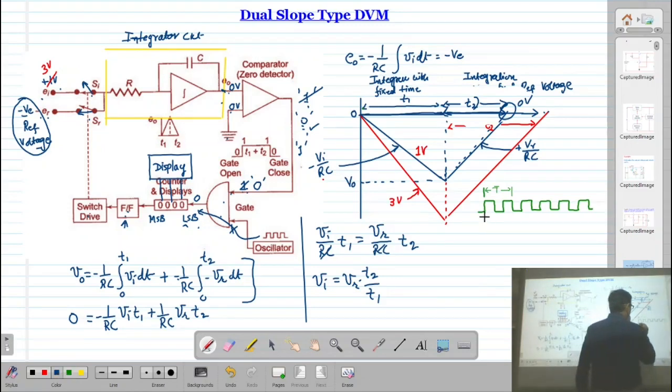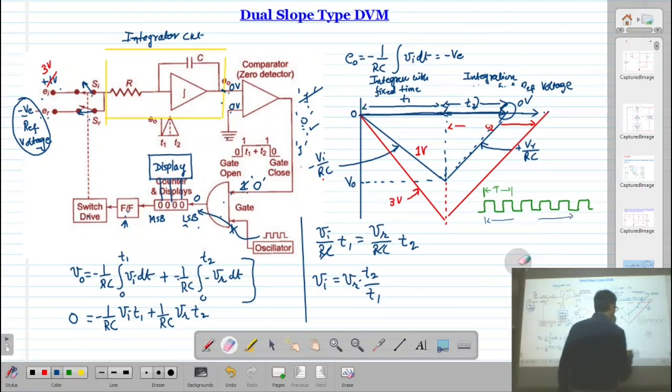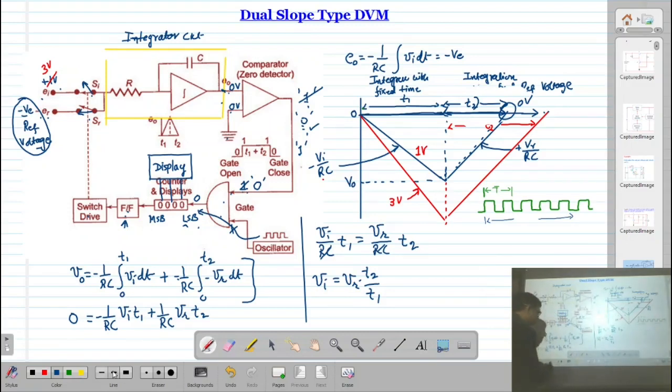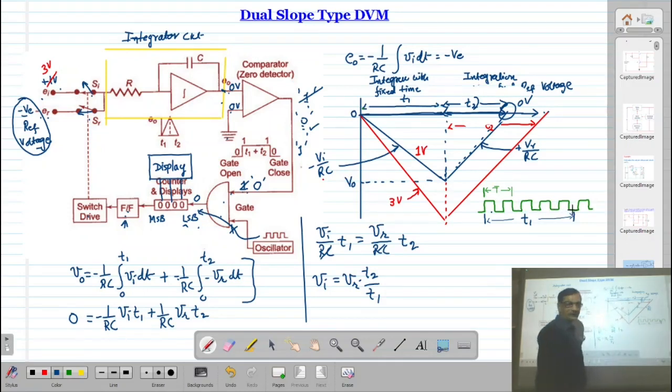In the T1 time period, how many clock pulses are there? 1, 2, 3, 4, and 5 clock pulses are there.